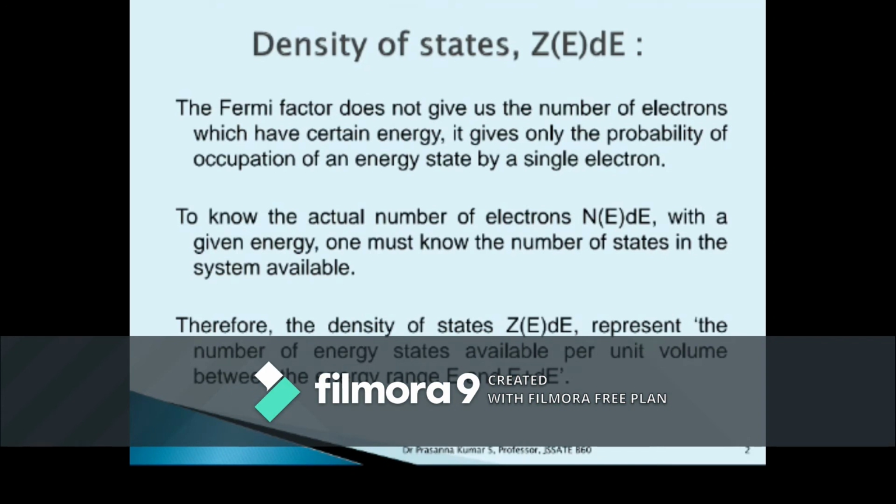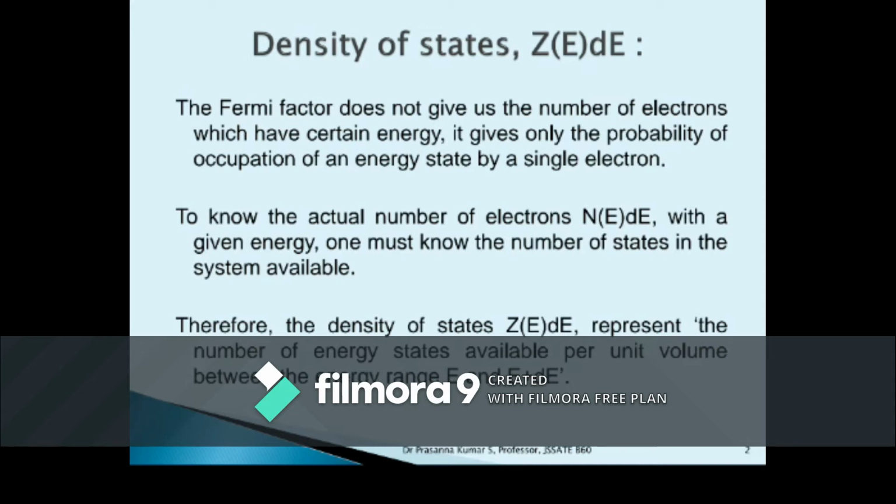Since we have only the probability, we are not seeing how many electrons are there. It cannot be given by an integer number. So the Fermi factor never gives us the number of electrons in any given state. It gives only the probability of occupation of any given energy electron in the given state.